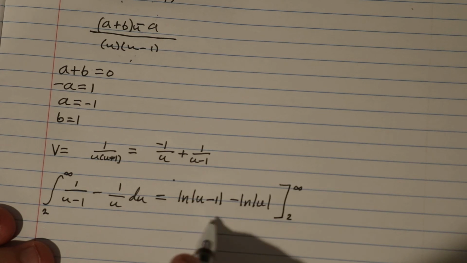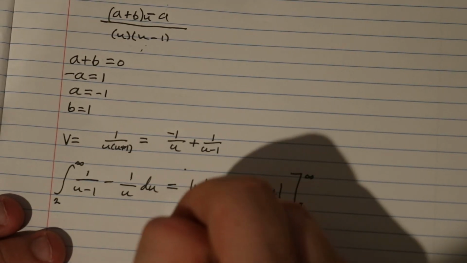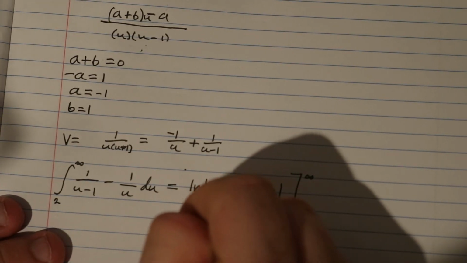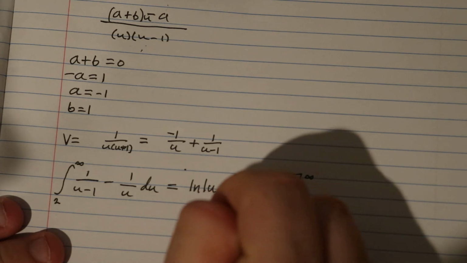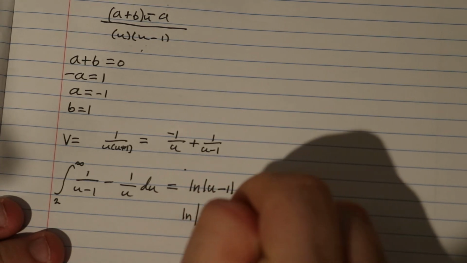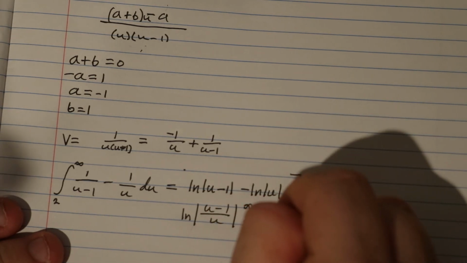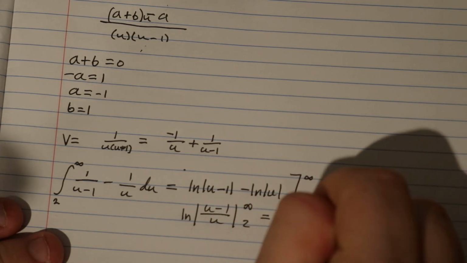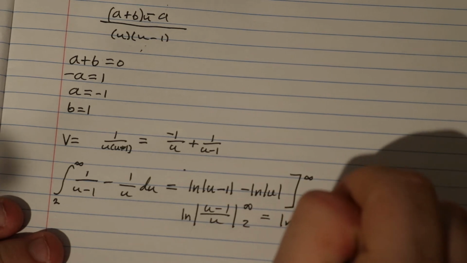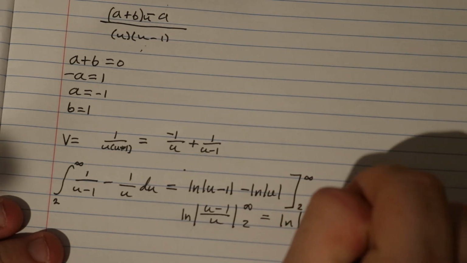By combining the logs, we can simplify this to the natural log of u minus 1 over u, which is the natural log of 1 take away 1 over u, from 2 to infinity.